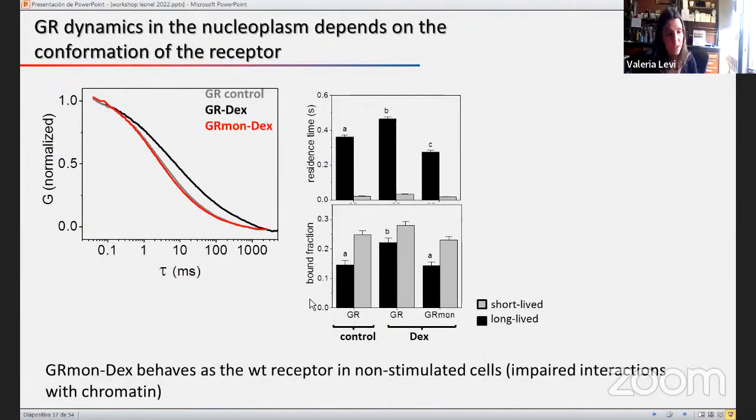What happened with the GR mutant, the monomeric mutant? You can see here that the parameters are more or less the same as those measured in the control inactive receptor. So what we can observe here is that the interactions of GR-MON with chromatin are impaired. So these two mutations affect the interactions of the receptor with DNA.